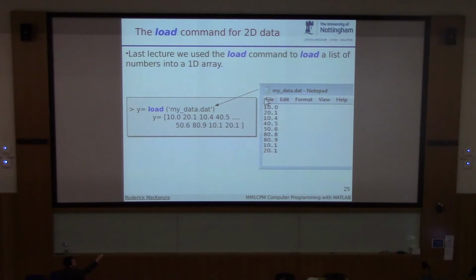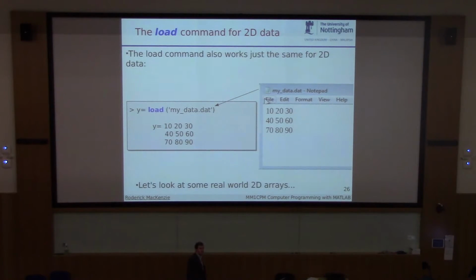So if we've got a list of numbers, we just go y equals load my data, hit return, and it loads it all in. It's exactly the same with a 2D array. So if you've got 2D data stored in a file, literally just as text, like a notepad file, and you go load my data.dat, you can load this straight into a 2D array. So now we can pull 2D arrays from disk.